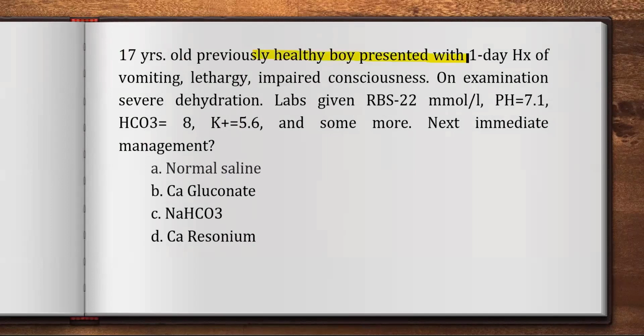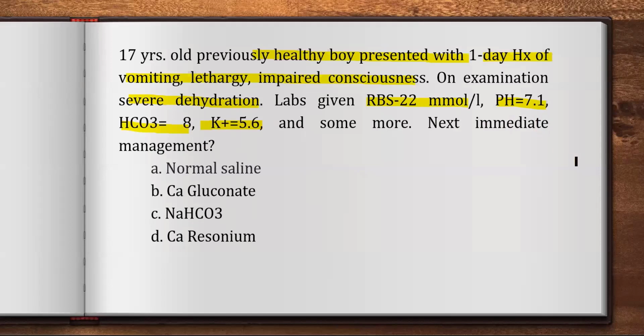A 17-year-old, previously healthy boy presented with a one-day history of vomiting, lethargy, impaired consciousness. On examination, severe dehydration, labs given RBS 22 millimole per liter, pH 7.1, bicarbonate 8, potassium 5.6. What is the next immediate management?